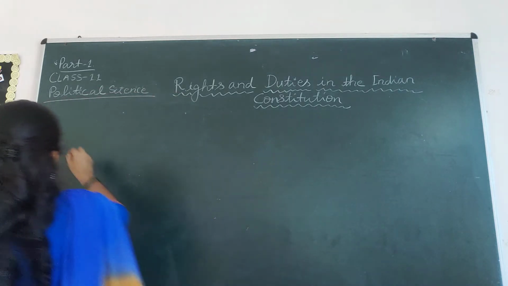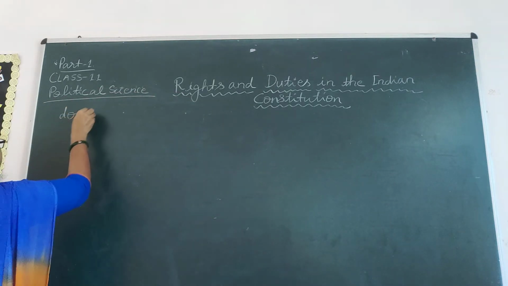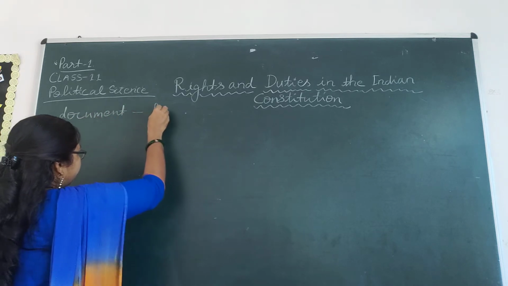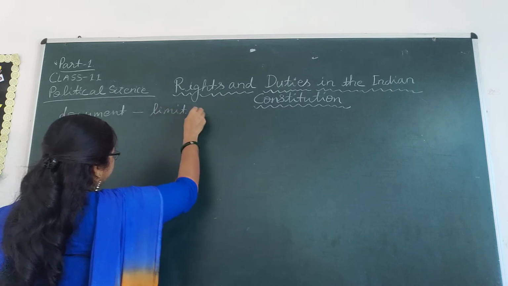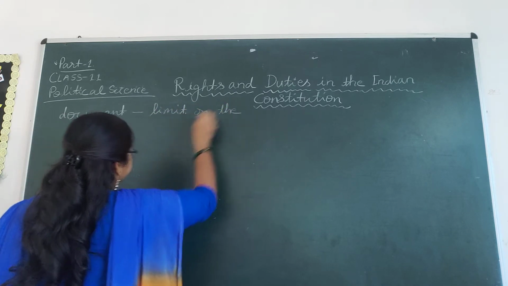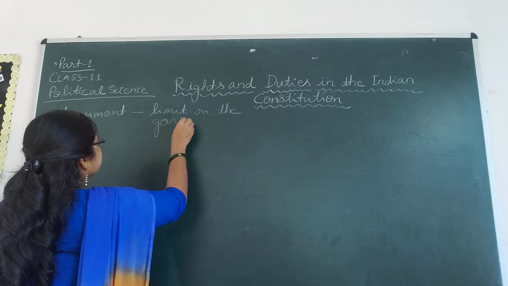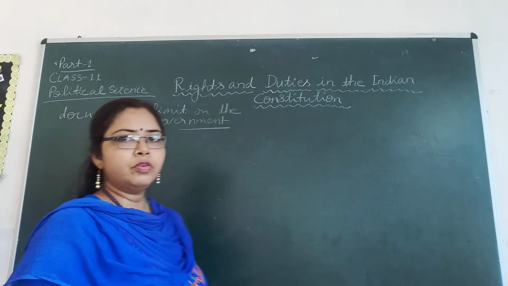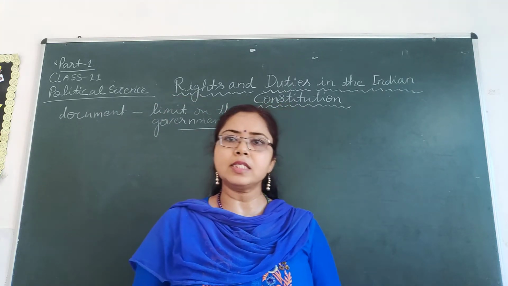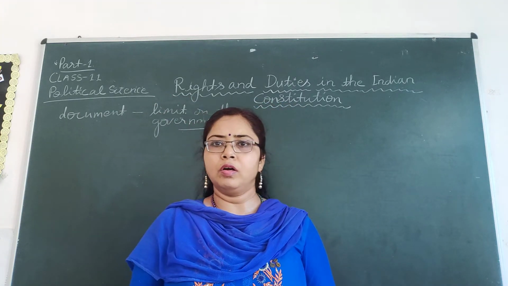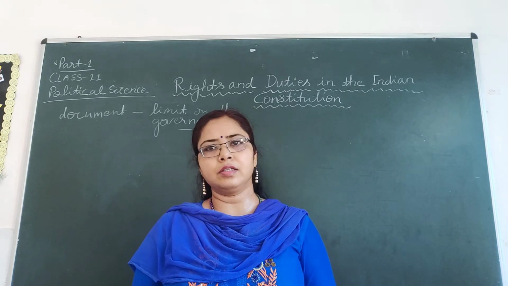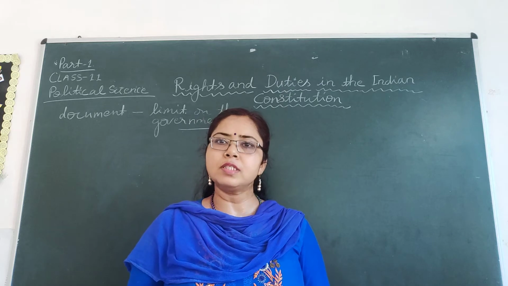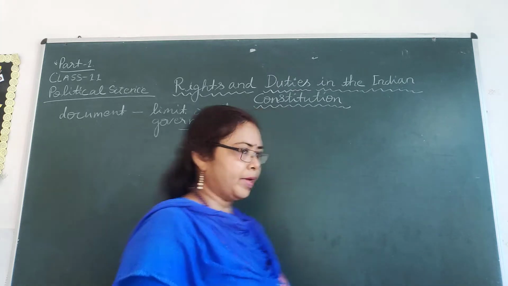Constitution is a document which sets limit on the government. All of you know that government is the highest authority or institution in any country, and constitution is a document which sets limits on the government.